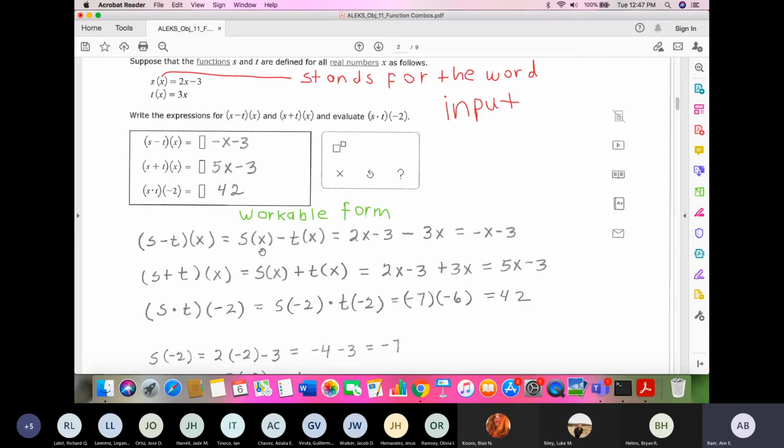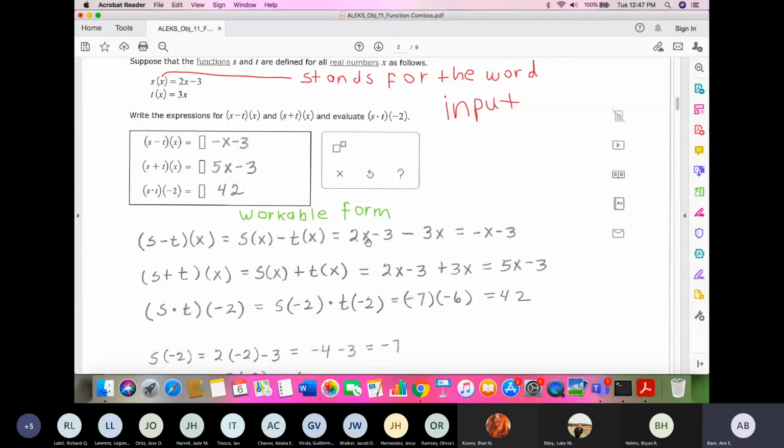So we take out s of x, we replace it by 2x minus 3, minus t of x, which is 3x, minus 3x. And then we just combine like terms. So we have 2 minus 3, that gives us negative 1, or negative x, and then minus 3. So that's the answer for what they first asked for right here.